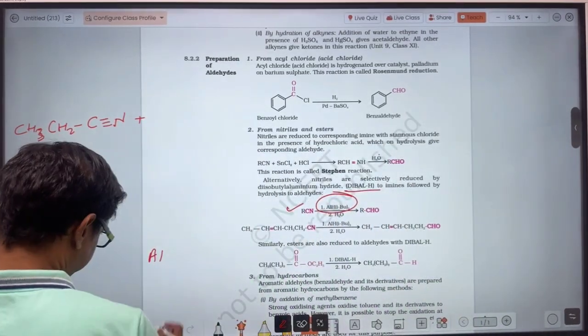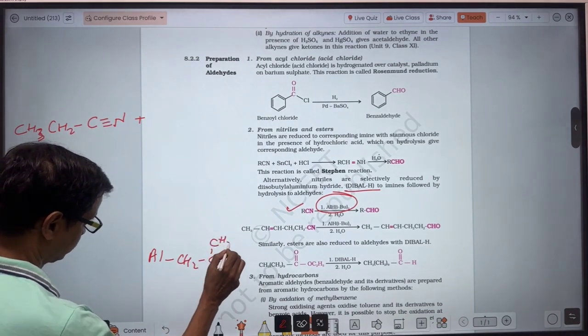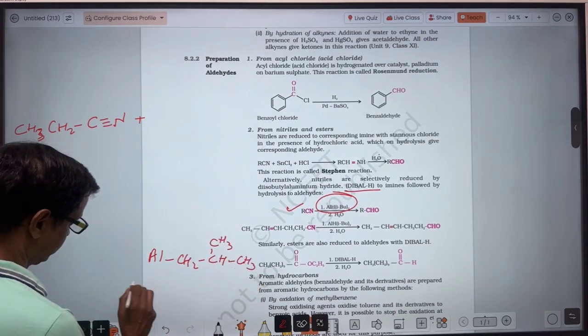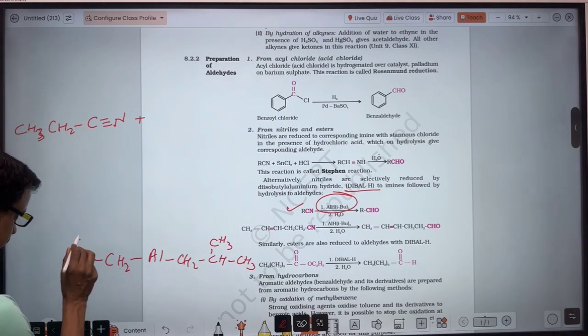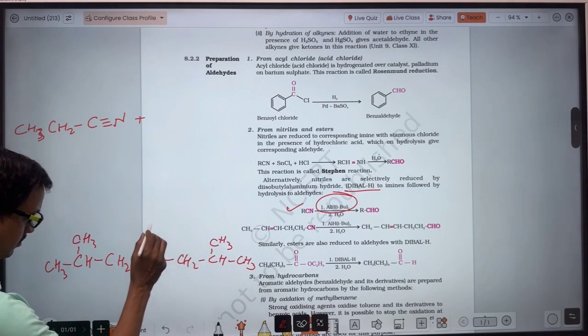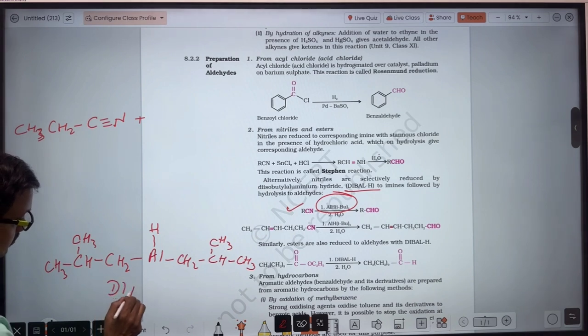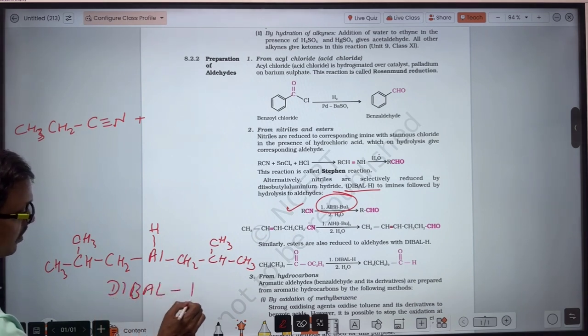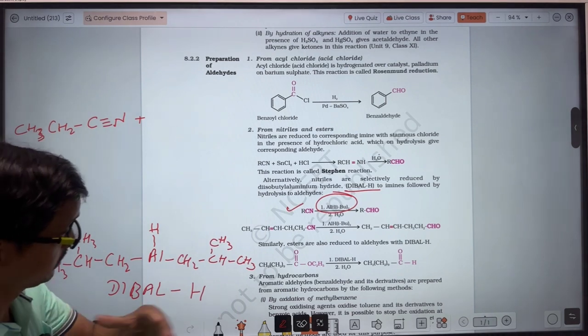So isobutyl here. This compound is DiBAL, diisobutyl aluminum hydride, written here.